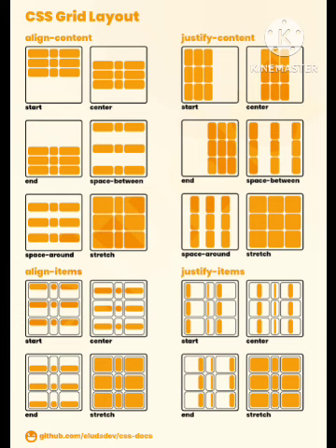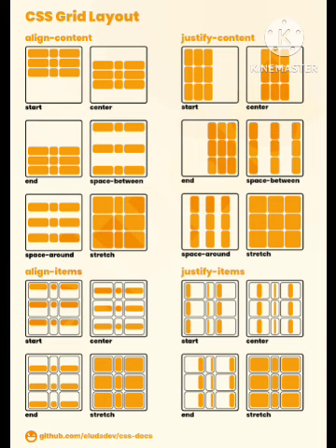Okay, so now we are defining both. We can see what will happen when you define both columns and rows. For example, grid template columns repeat 3 comma 1FR, grid template rows repeat 2 comma 1FR. What is it telling? It is telling we are going to have 2 rows and 3 columns.